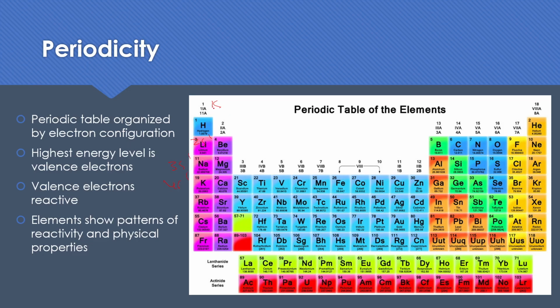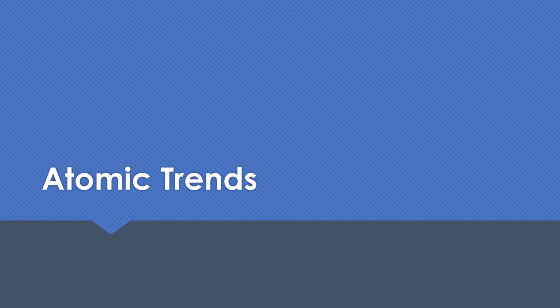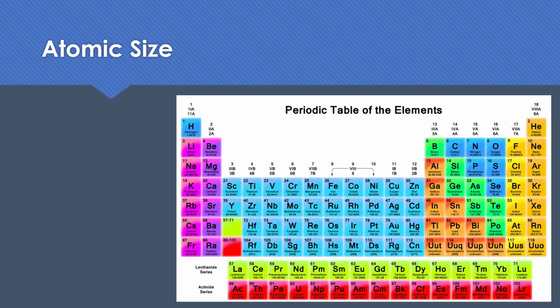So all of these alkali metals would have one valence electron. Because of that, they're all going to react similarly because they're all working with the same number of electrons for reactions. And so we can generalize a couple of trends that we see across the periodic table. The first one we want to look at is size.